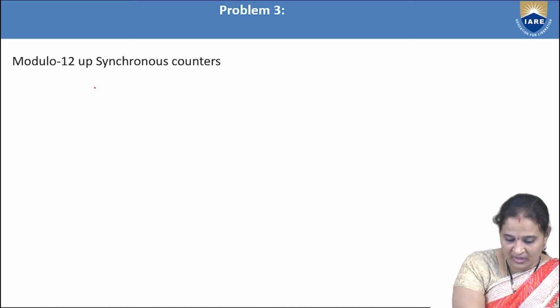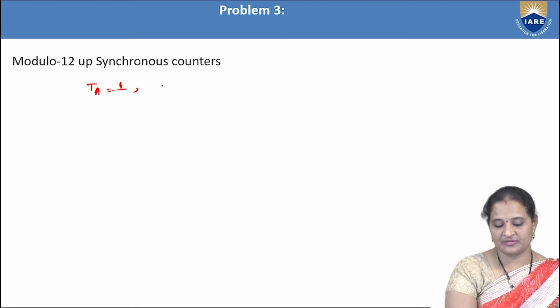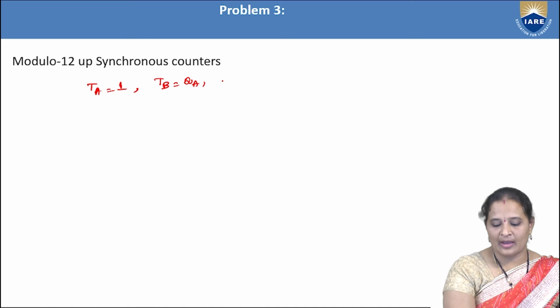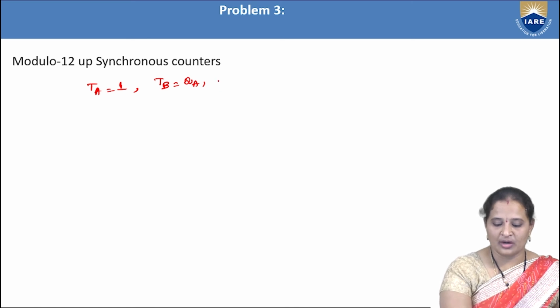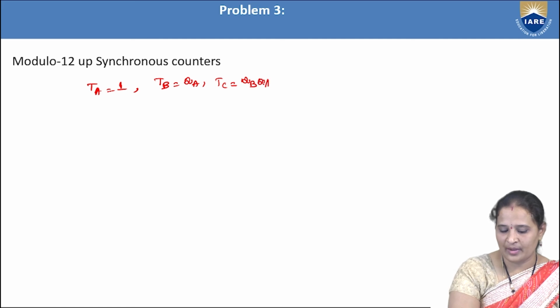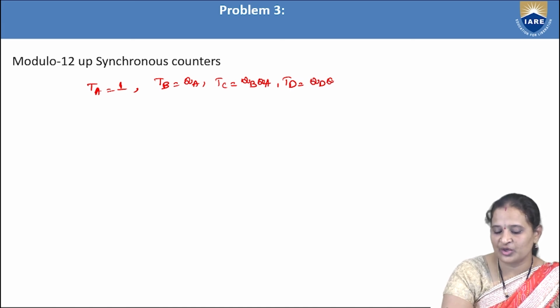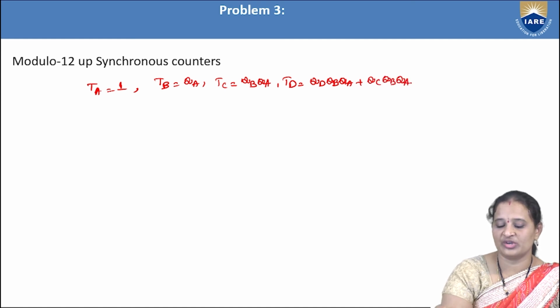Then we will get the expression for TA as 1, and similarly the expression for TB as QA, and TC as QB QA, whereas TD as QD QB QA plus QC QB QA. These are the equations that you will get.